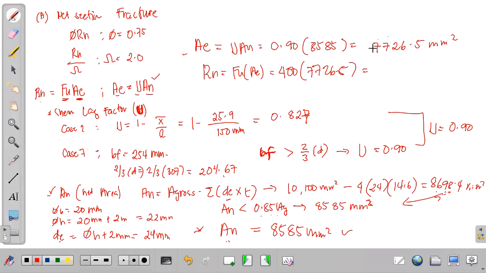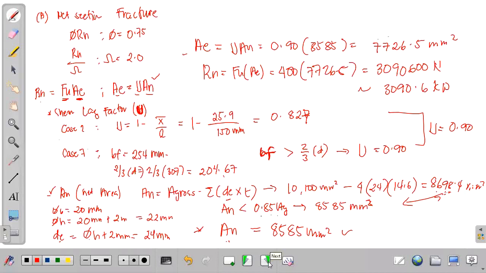Nominal strength, this is equal to 3090.6 kilo Newton. So tama? Yes, ma'am. Okay, so that will be now our value for the nominal strength.